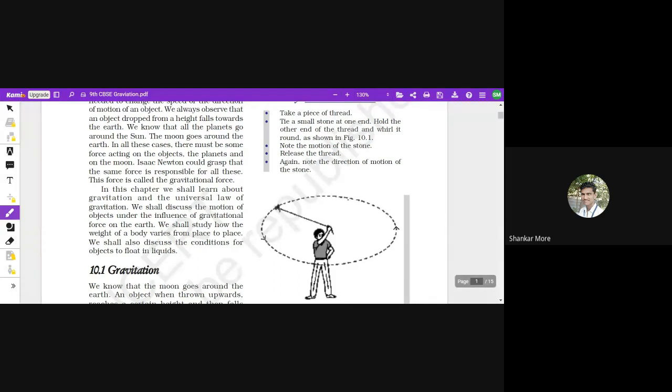Before that, I just wanted to ask a small question to all of you. How many of you have seen the partial solar eclipse yesterday? How many of you have at least seen the photographs that were shared on the group? Have you seen it live or the photographs?